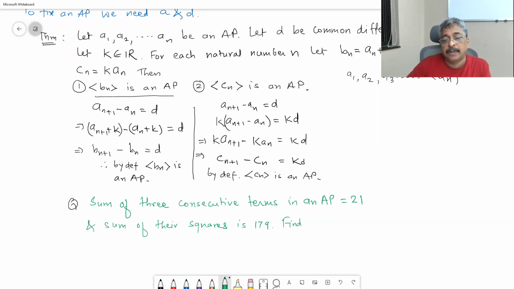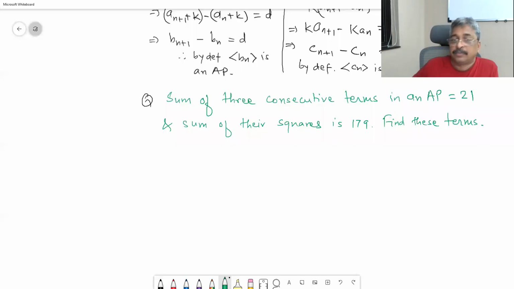Find these terms. We will assume a minus d, a, a plus d as these three consecutive terms, and therefore when you add them you get 3a is equal to 21, a is equal to 7.